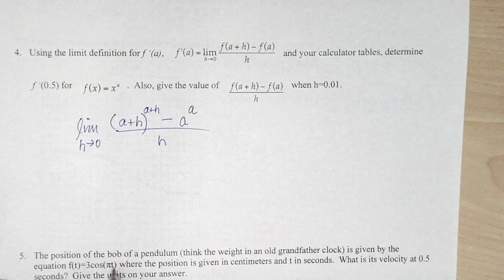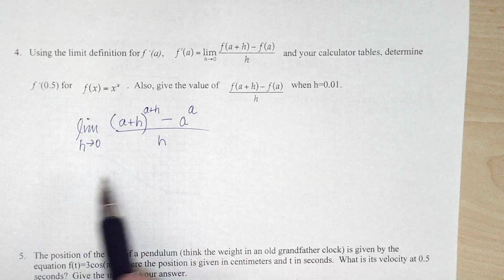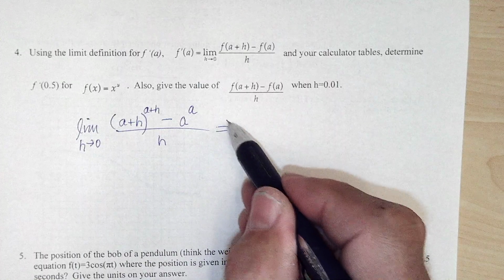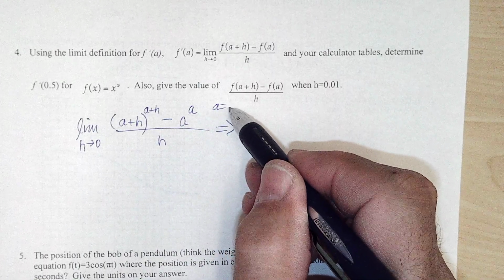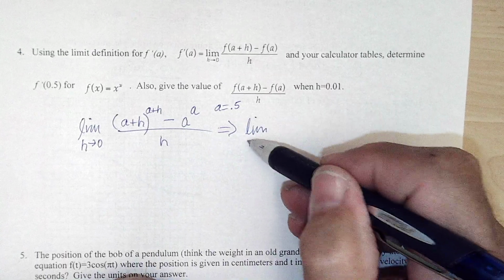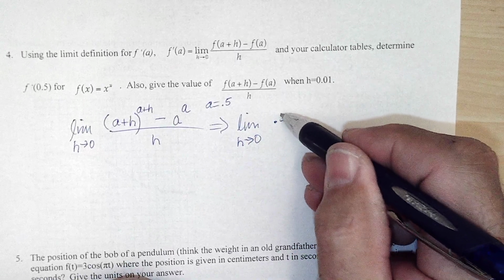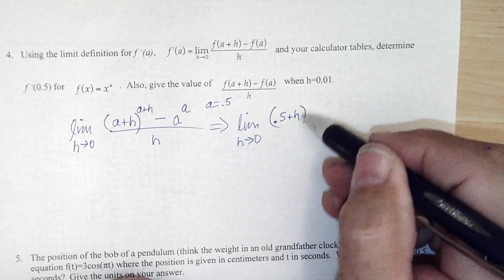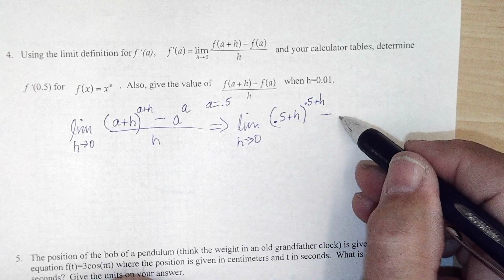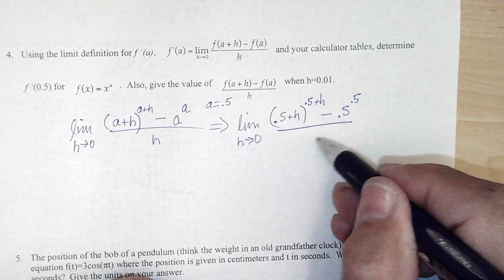And we're supposed to find it at 0.5, so for all the a's, I'm going to put in 0.5. So I'm going to get the limit as h gets close to 0 of 0.5 plus h to the 0.5 plus h minus 0.5 to the 0.5 over h.